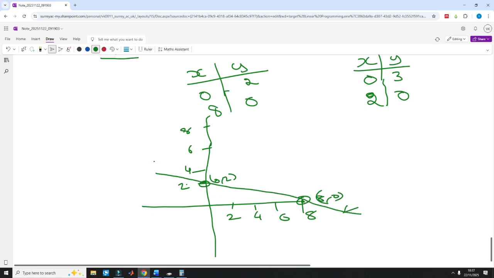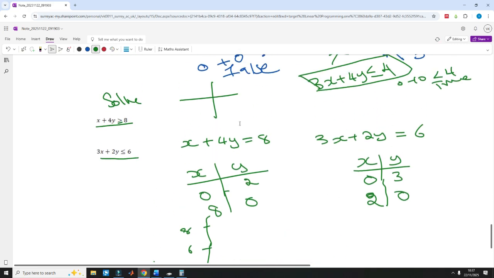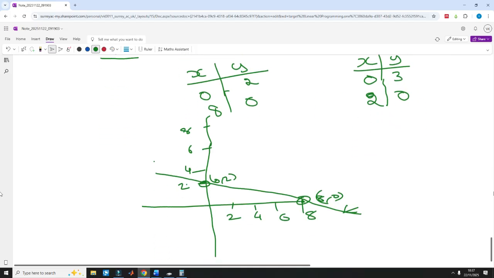So this line corresponds to equation 1, x plus 4y equal to 8. And now we can also plot the other values. x equal to 0, y equal to 3, so that should be around here, 0, comma 3.